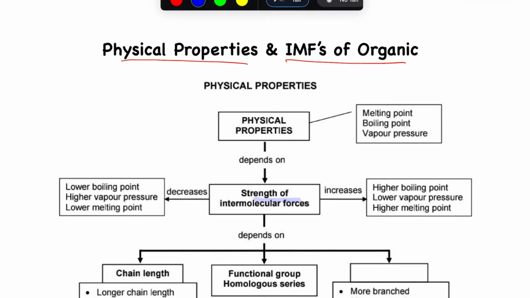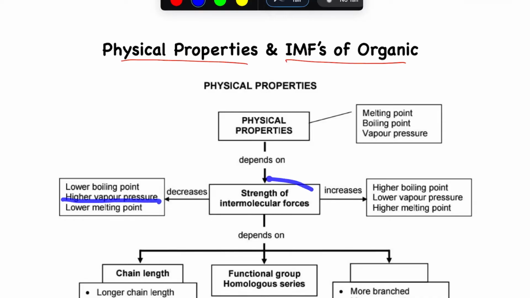The strength of the intermolecular forces decreases with a lower boiling point, higher vapor pressure, and lower melting point. If a substance has a lower melting point, that means it has a weaker intermolecular force, which is going to be the London.